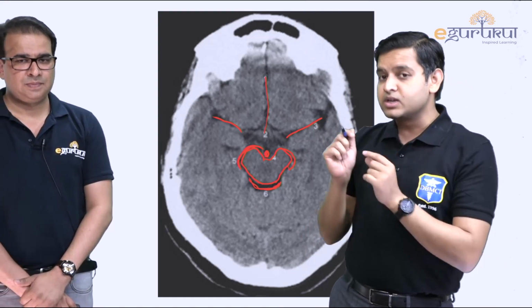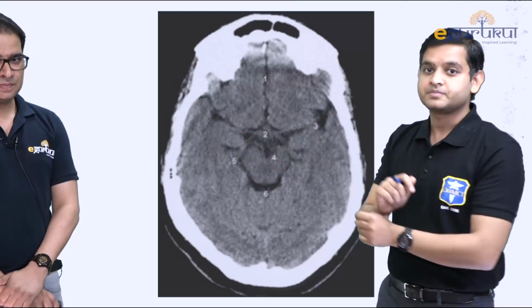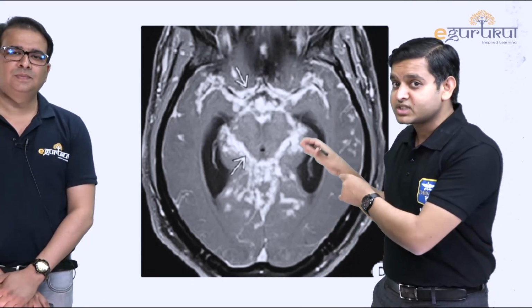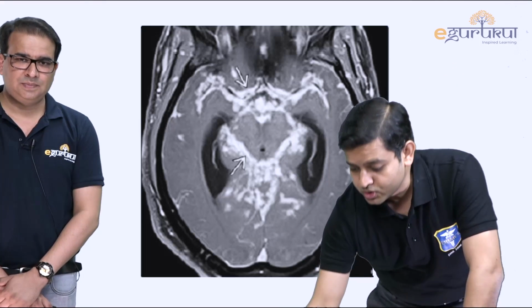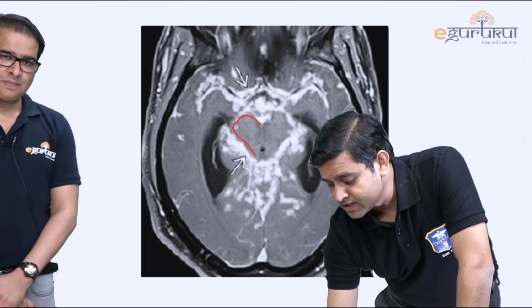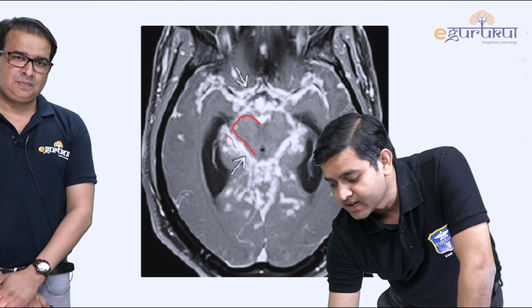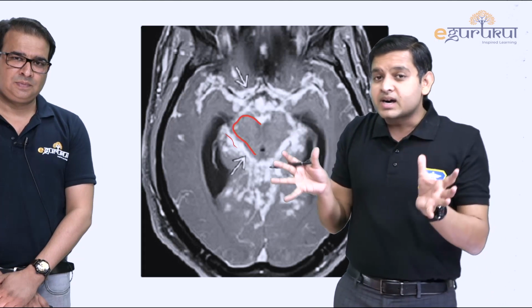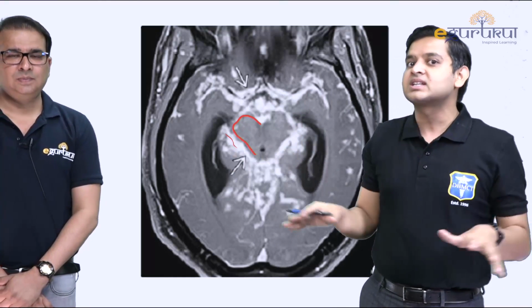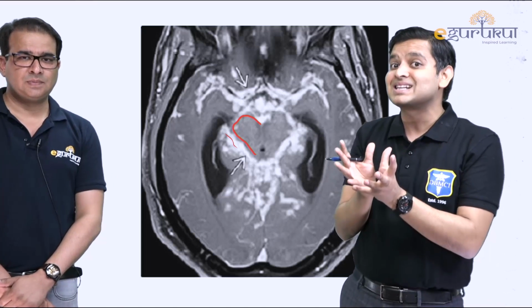Now, what is the clinical utility of this? Let us see an image. Now see what is happening. All that you could see, this is now not a CT, this is an MRI section where you could appreciate the midbrain so well. And now what I see is, look at all these peri-mesencephalic cisterns. They are showing marked exudates. Now the peri-mesencephalic cisterns along with all these other cisterns are collectively called basal cisterns.